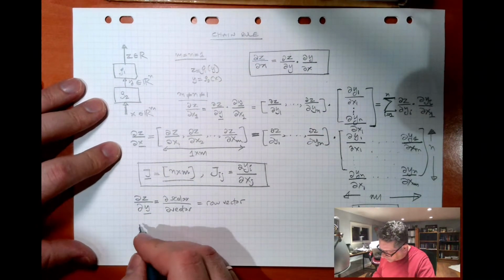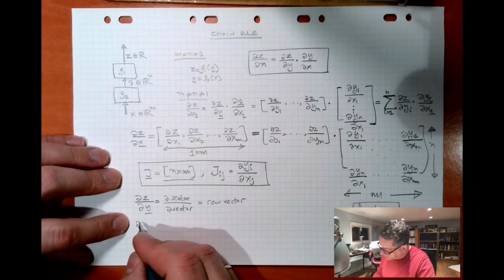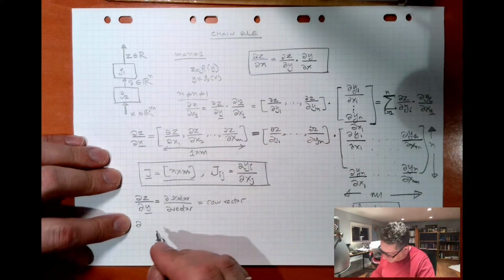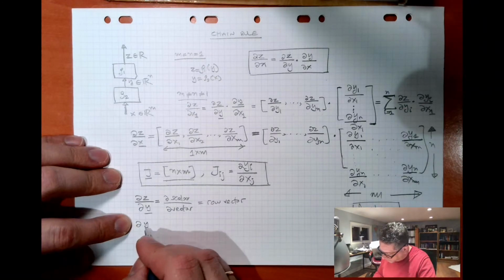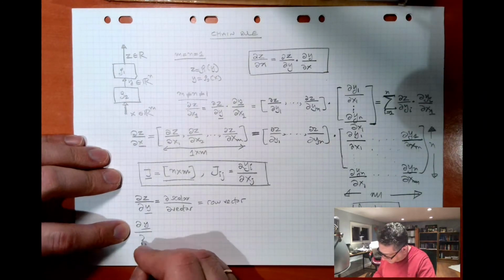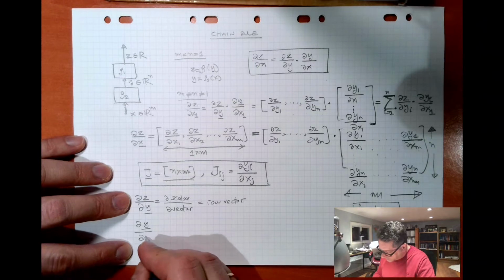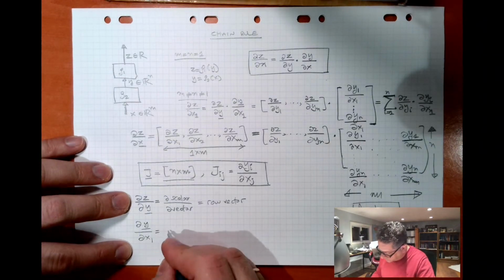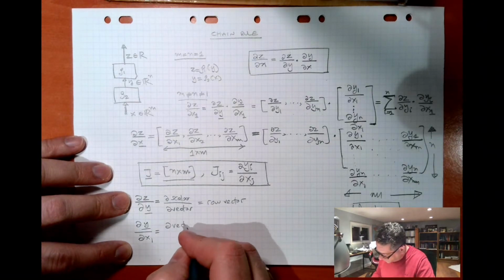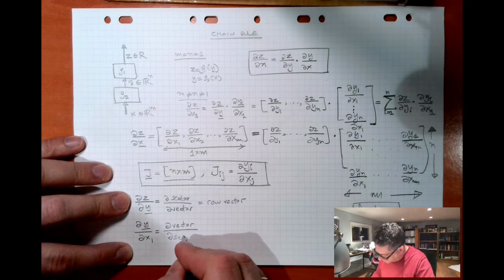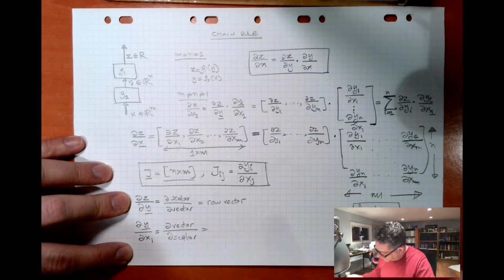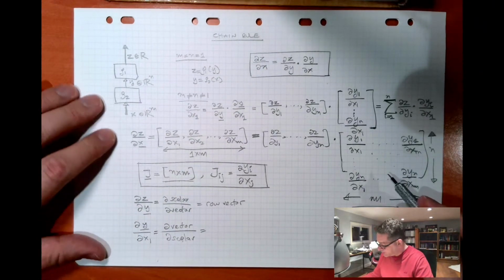And if we take the other case, where we have a vector with respect to a scalar, let's say the derivative of y, being a vector, with respect to a scalar, let's say x1, this is now effectively a column vector. You can see it here in the Jacobian matrix.